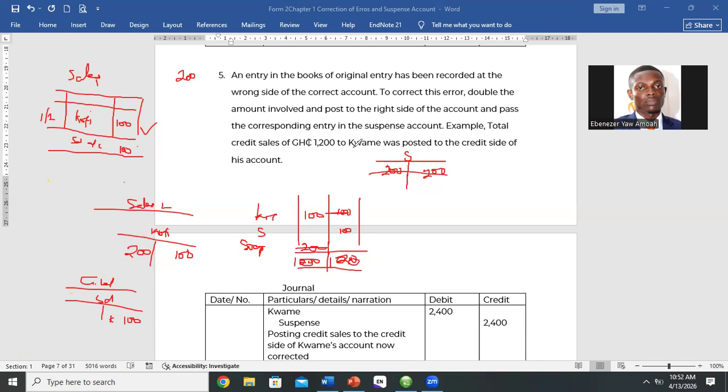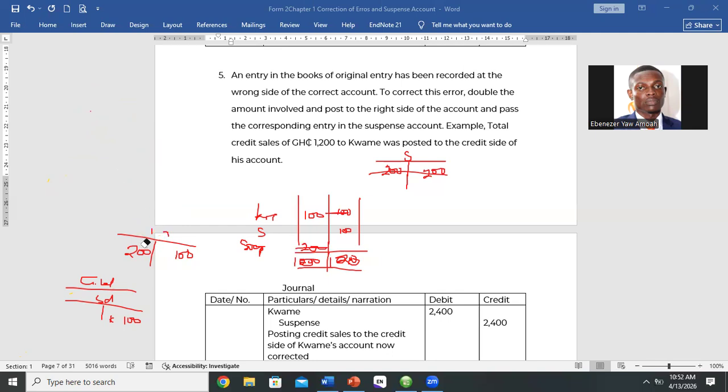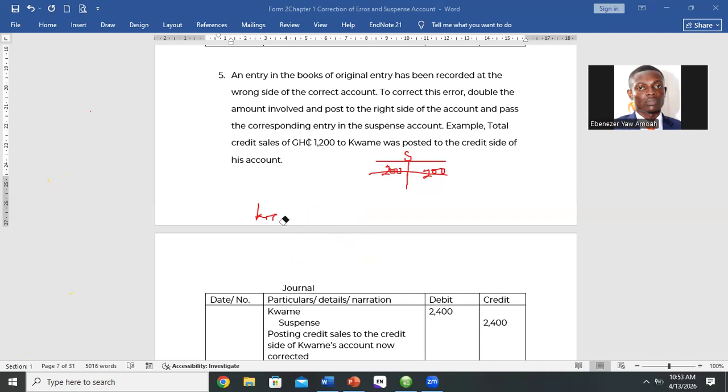Okay. Let's see if we have further errors to correct under this type of error. And in fact, this type of error is the one that creates a lot of confusion with students. That's the errors that affect the suspense account. As for the first one, you can tell whether it is omission, commission, or whatever, but this one is scattered across.